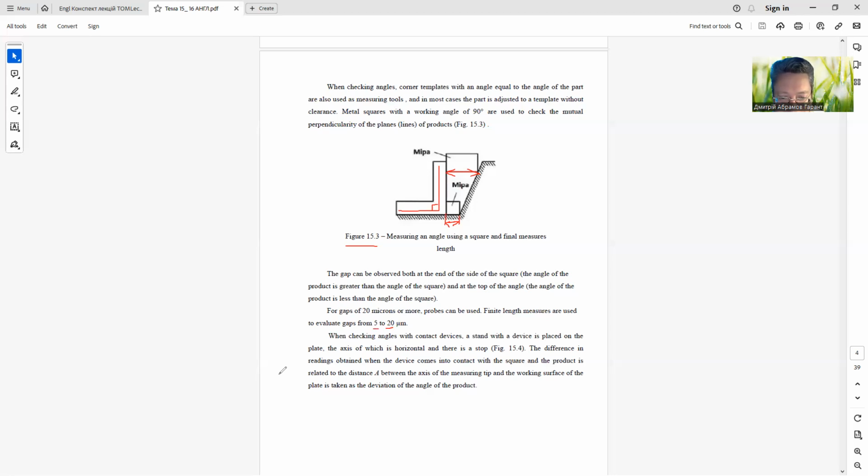When checking angles with contact devices, a stand with a device is placed on the plate, the axis of which is horizontal, and there is a stop, like in figure 15.4.